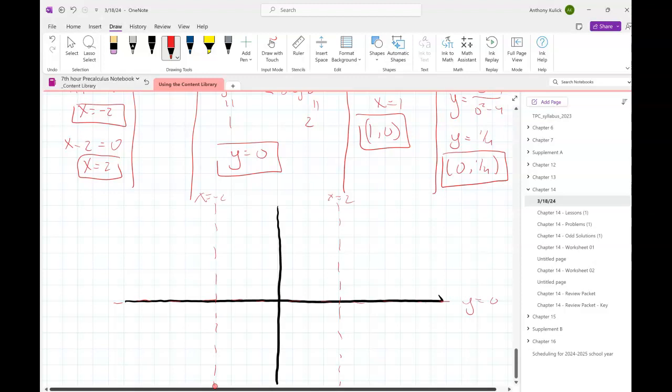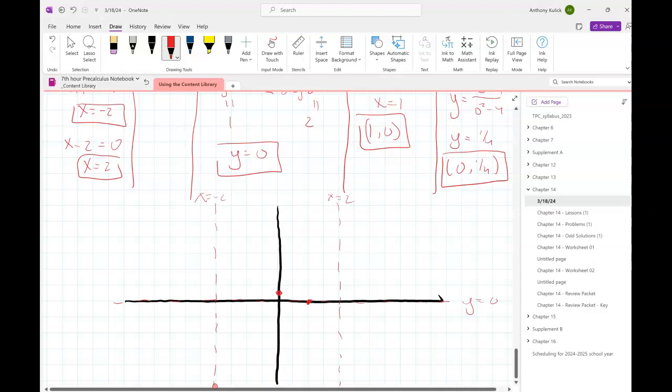So far, so good. I'm going to draw the point 1, 0, and then the point 0, 1/4. So now I've plotted all my key features onto this graph, right?